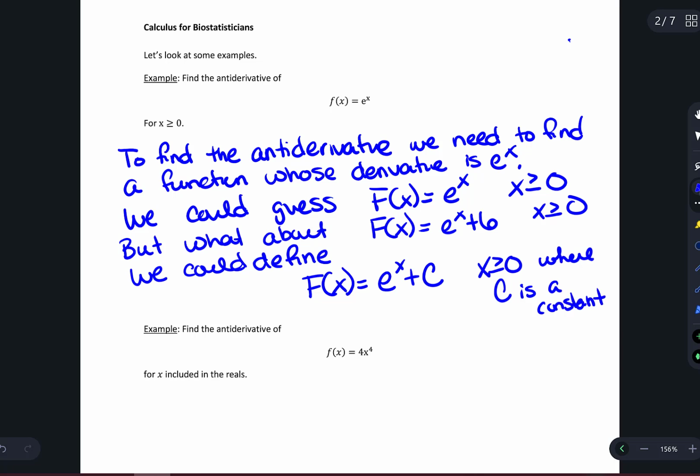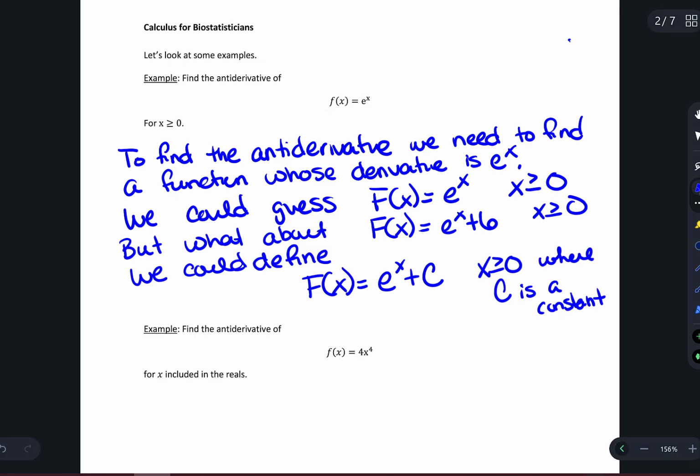And so notice, no matter what value I replace into c, if I take the derivative of capital F of x, I am always going to end up with e to the x, or in other words, lowercase f. And so what we have here is a whole family of functions.